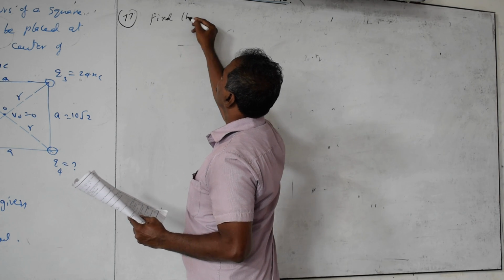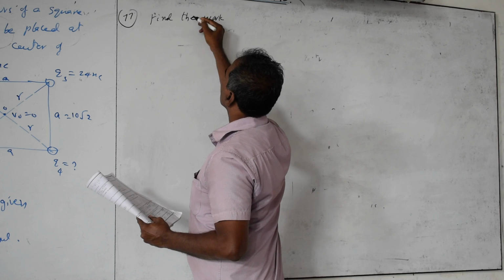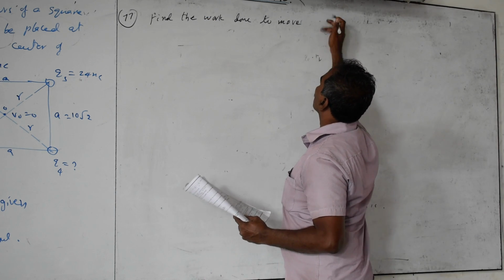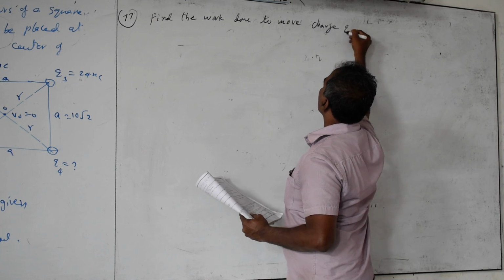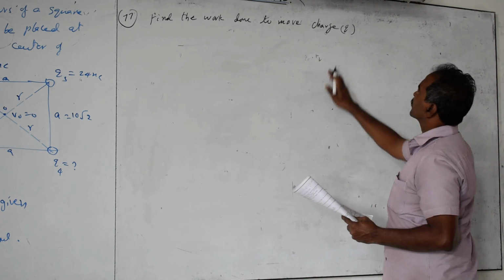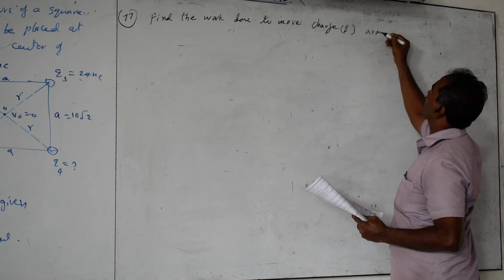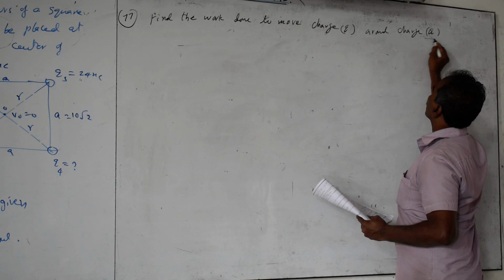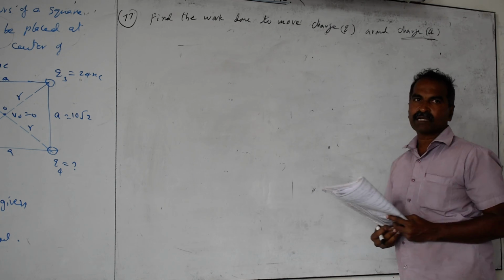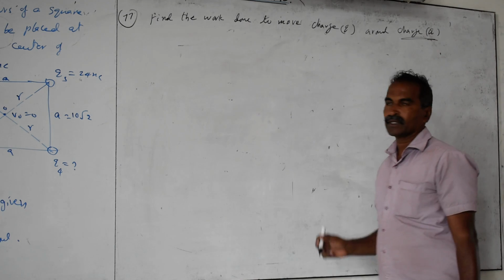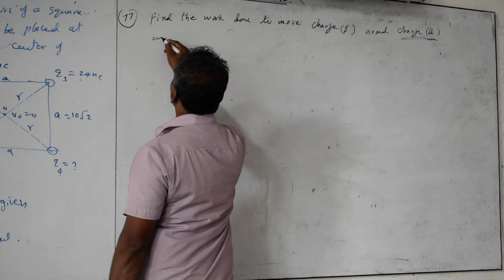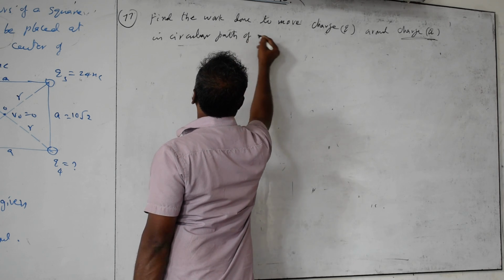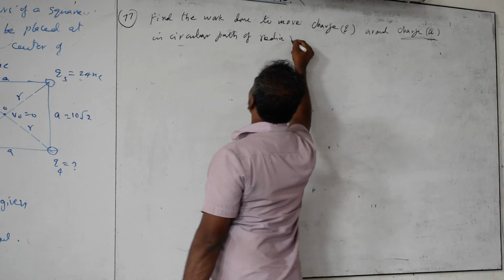Find the work done to move charge q around charge capital Q in a circular path of radius r.